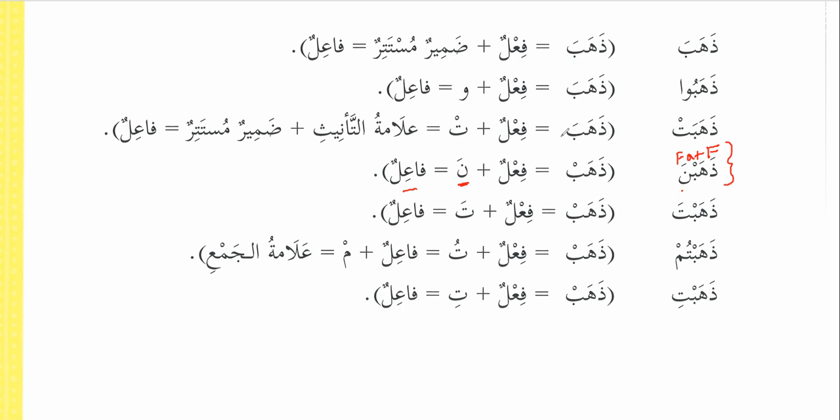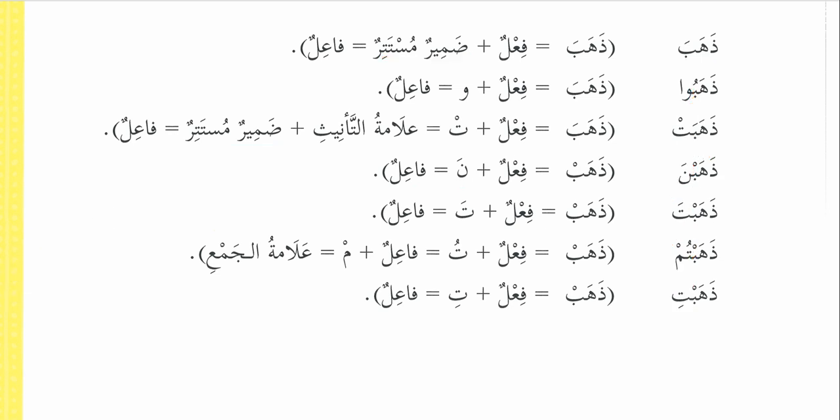It's hidden in it. So you can see damir mustatir here also, and huwa damir mustatir in dhahaba and dhahabat. And in all the other cases, you can see visible damir. So it's not hidden anymore. It's visible here. So all the damirs that come attached with the fail are in the position of fail.